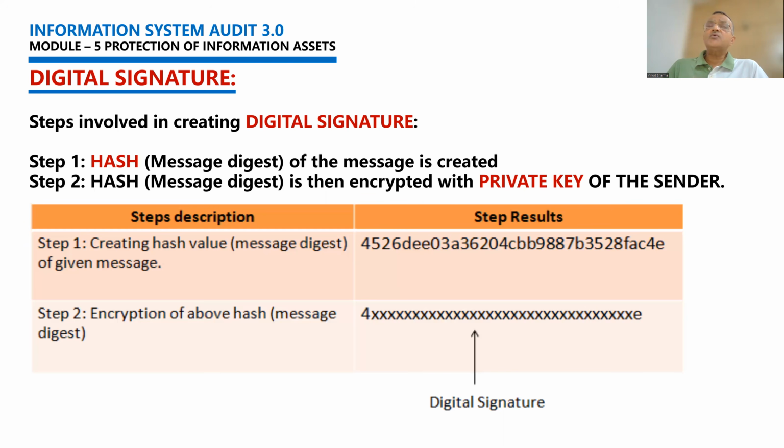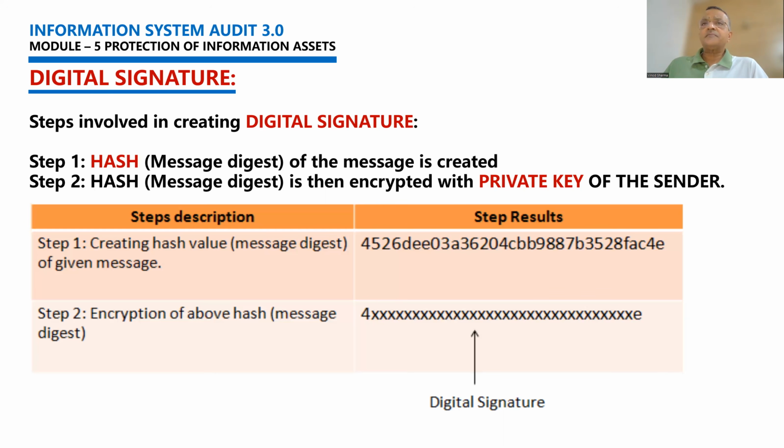It is trying to understand the formatting, layout, and sensitivity of the message. Based on that, using a hash algorithm, it will generate a fixed string of characters. And this fixed string of characters, or message digest, is then encrypted using the private key of the sender for authentication purposes, right?